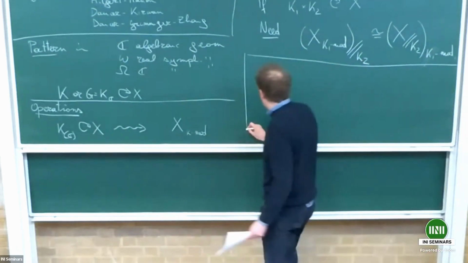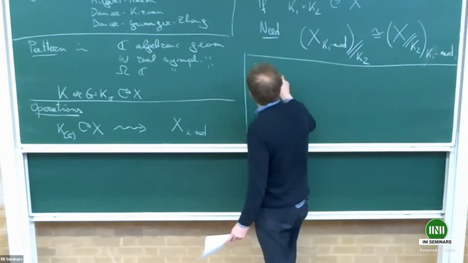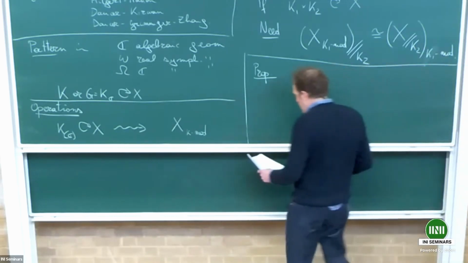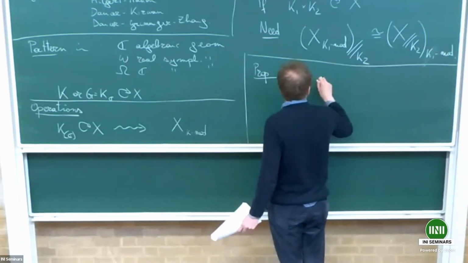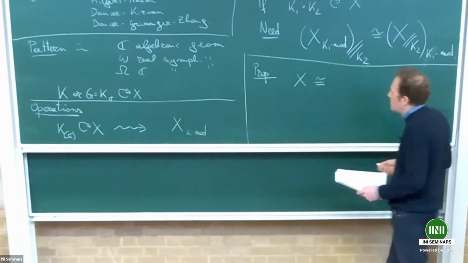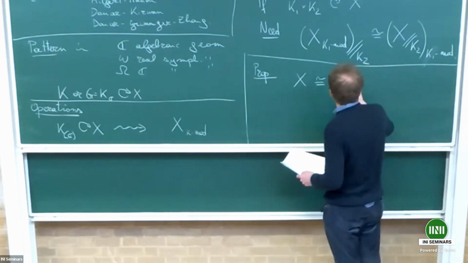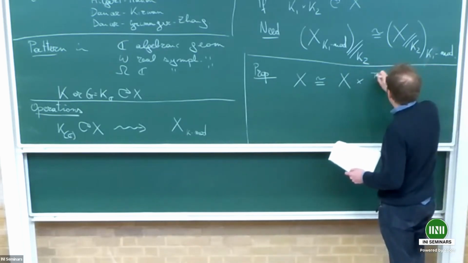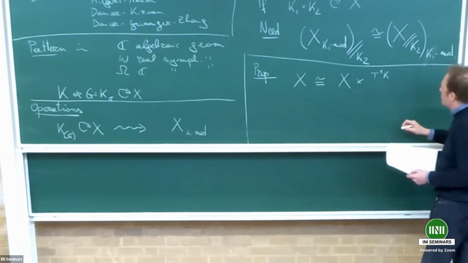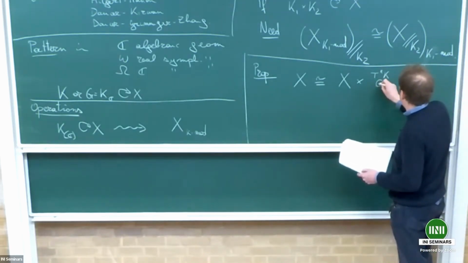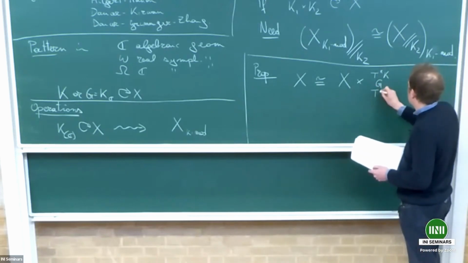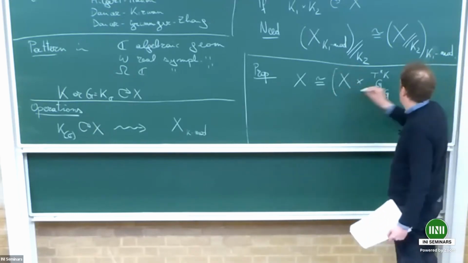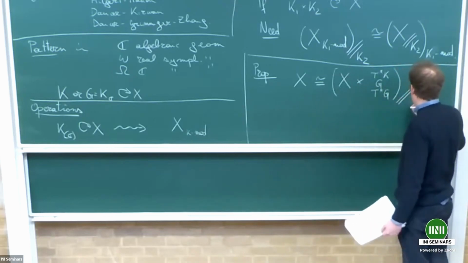You can invoke a very cheap trick that says that in each of these contexts, the space itself is canonically isomorphic, and G equivariantly isomorphic, to the reduction of the space times a standard space that is either the cotangent bundle of the compact group in the case of real symplectic geometry, or the reductive group in the algebraic setting, or the complex cotangent bundle to the reductive group, by G or KC.